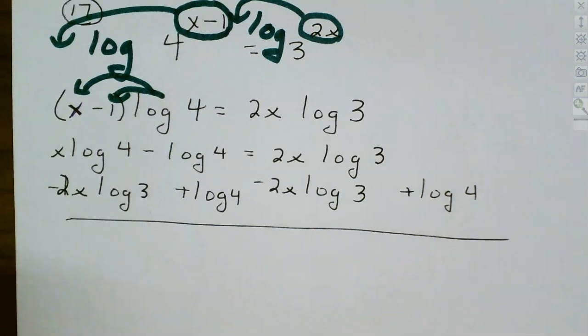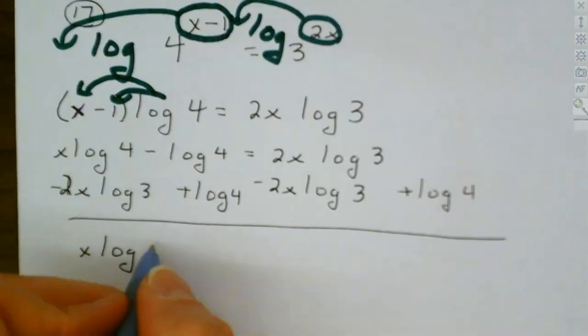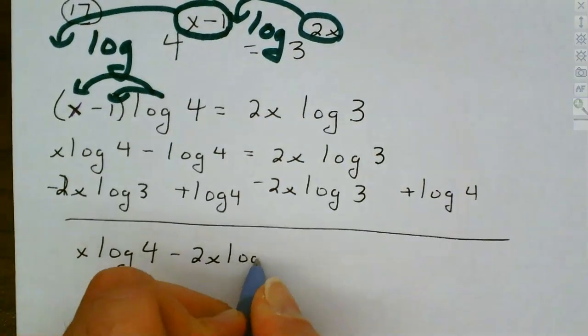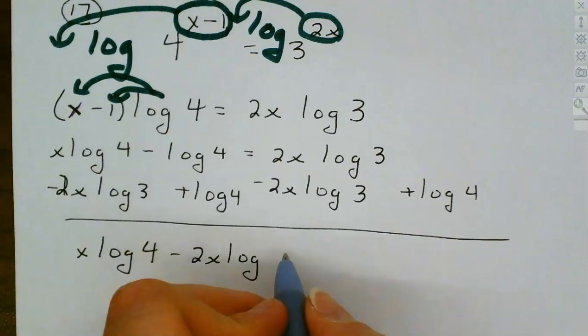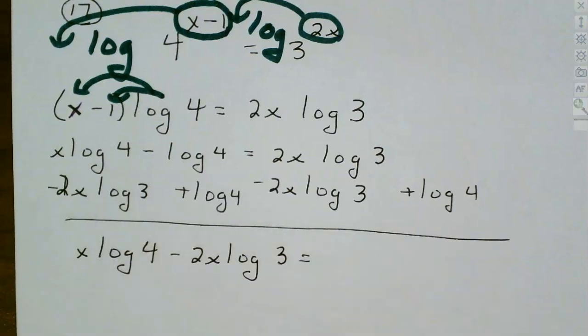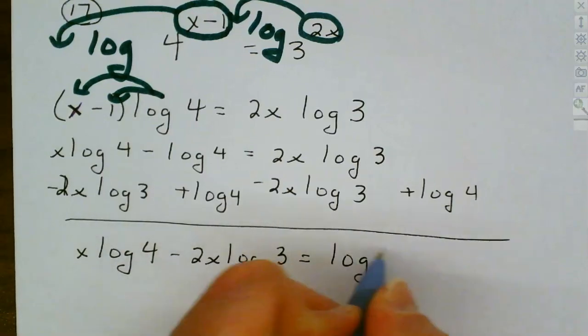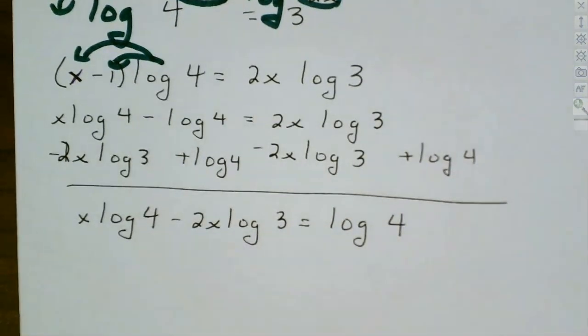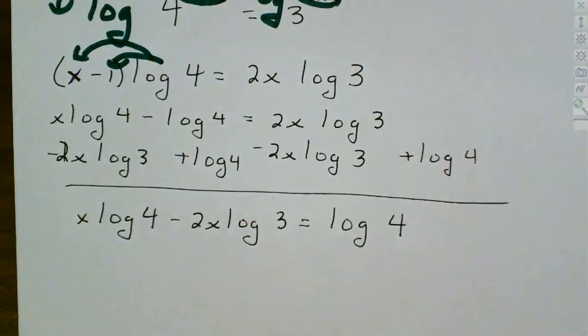So now we have x log of 4 minus 2x log of 3 equals log of 4. Okay, now we can factor it and we can solve it.